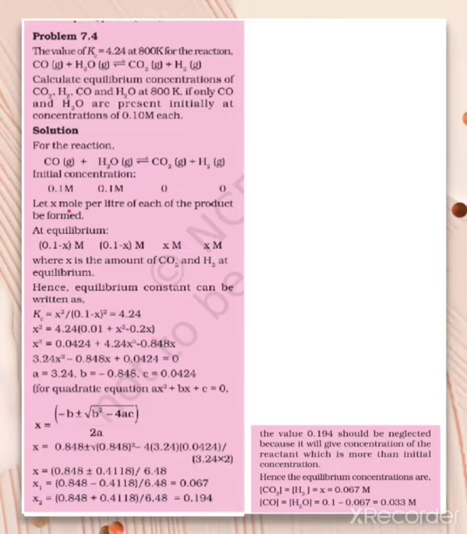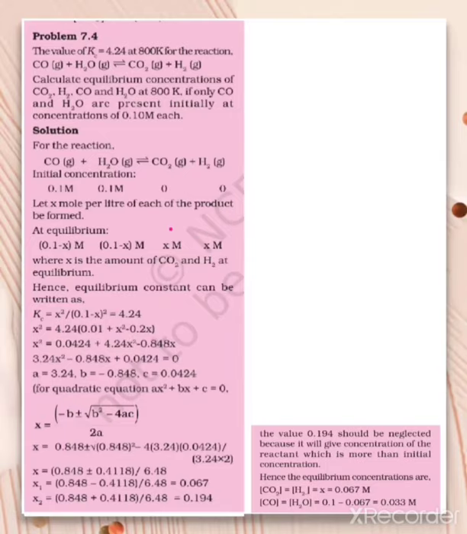We can say x mole per liter concentration of the products is formed. So at equilibrium, the concentration of CO2 is x M and the concentration of H2 is x M, where M means mole per liter, the unit of molarity.